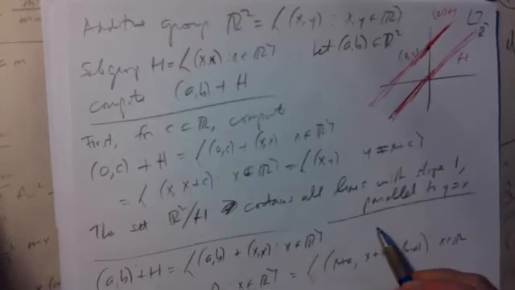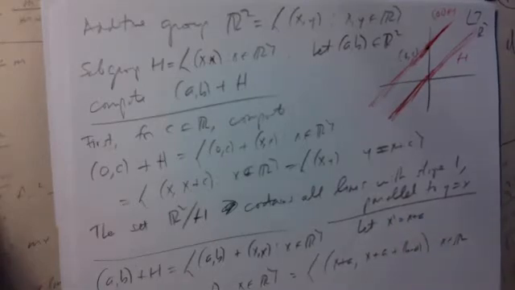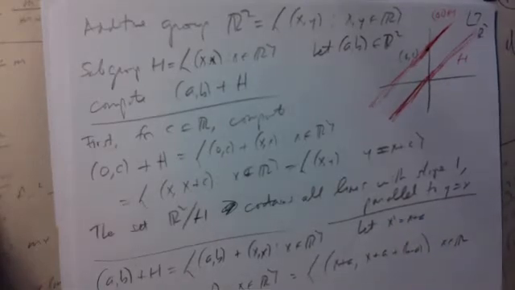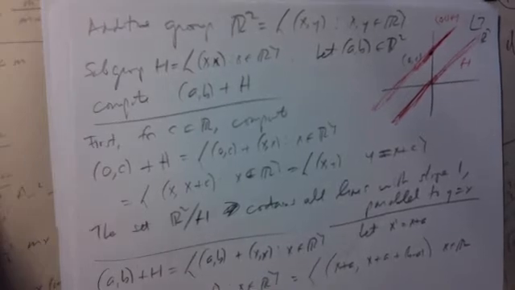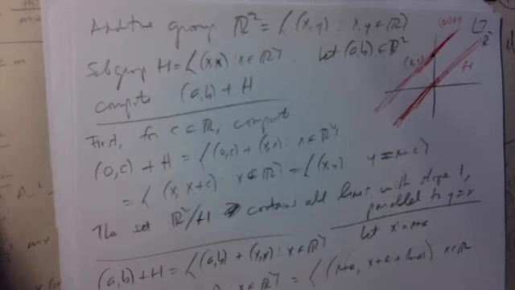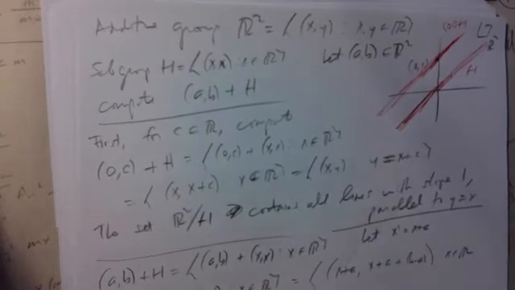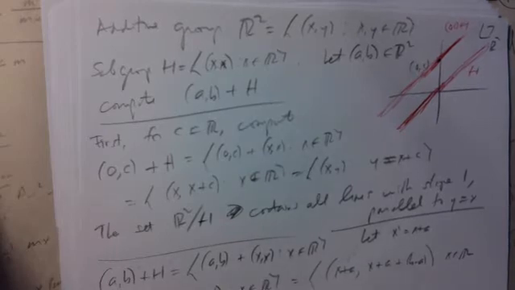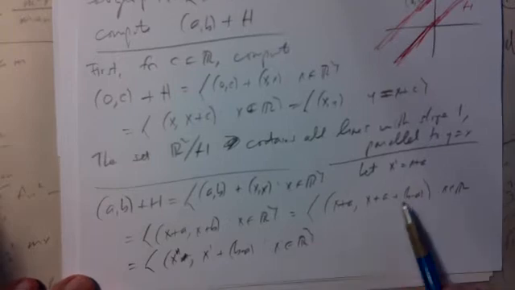And if I let x prime be equal to x plus a, this is everything of the form (x prime, x prime plus b minus a). And as x runs through all the real numbers, so does x plus a.